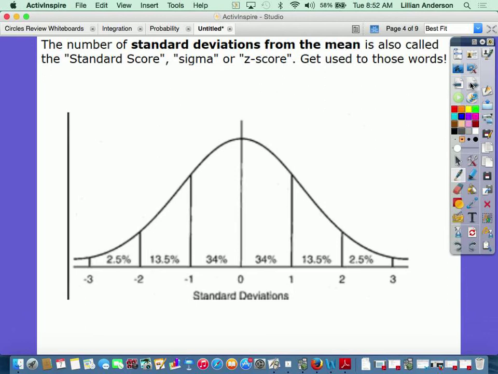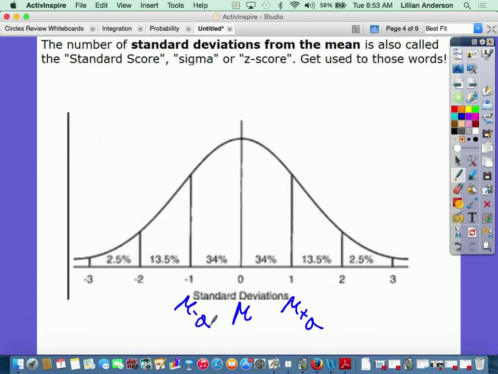If you notice, it's broken down into intervals, okay? This center line represents your mean. The next set of lines, where it's 1 and -1, represent the mean plus 1 standard deviation and the mean minus 1 standard deviation.